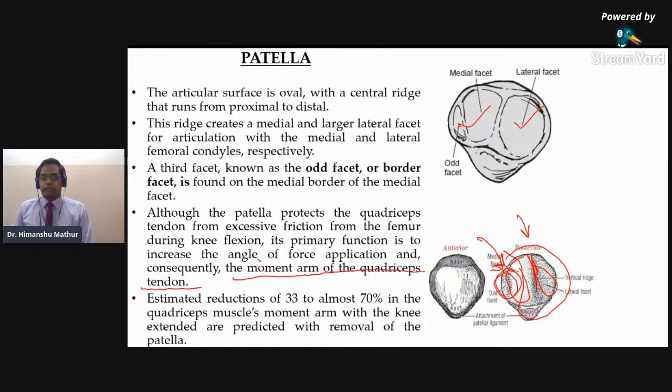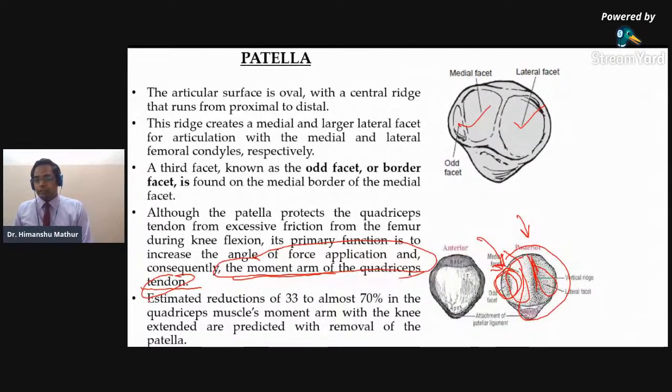Its main work is to have a very significant effect on the alteration of the momentum of the quadriceps muscle. Estimated reductions of 33 to almost 70% in the quadriceps muscle's momentum when the knee is extended are predicted with the removal of the patella.